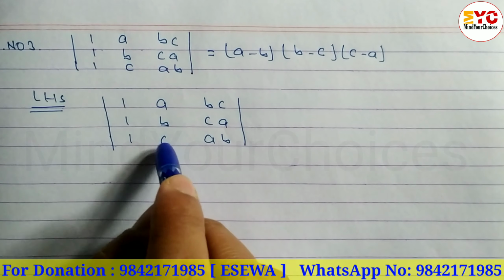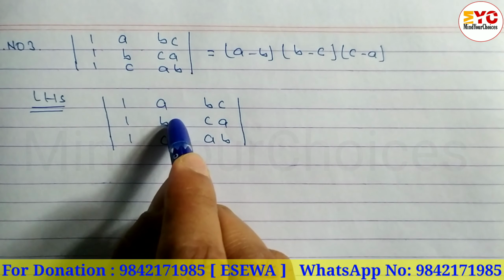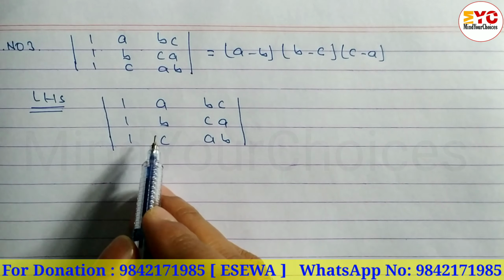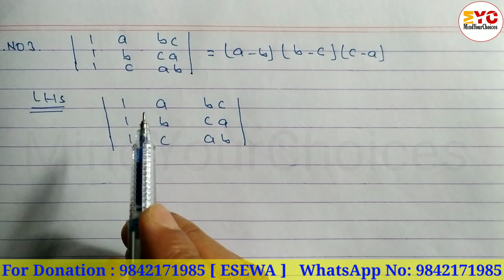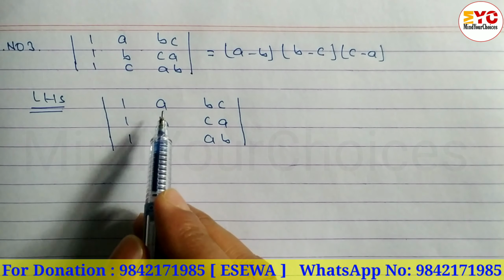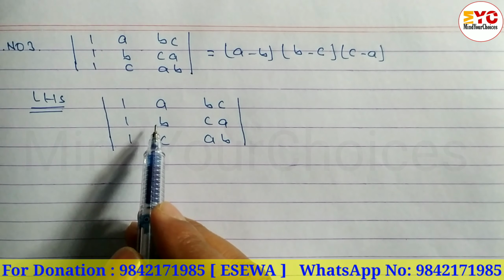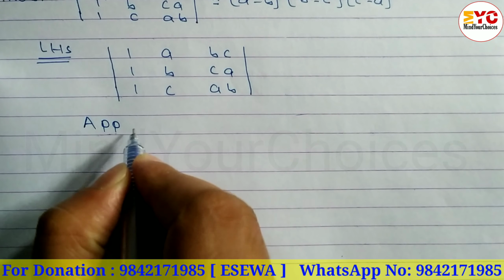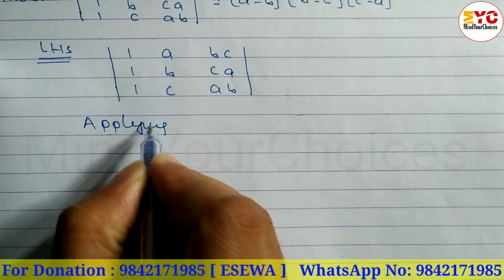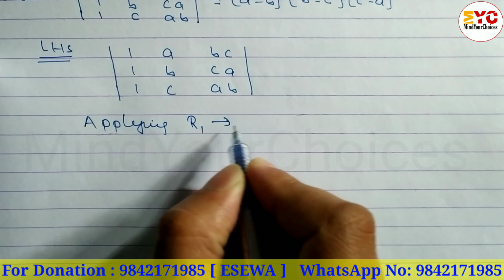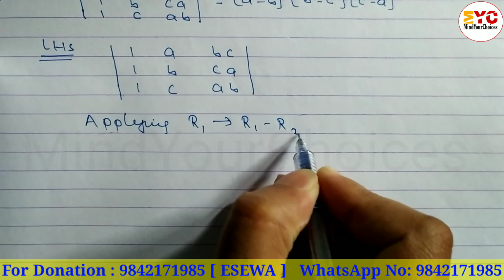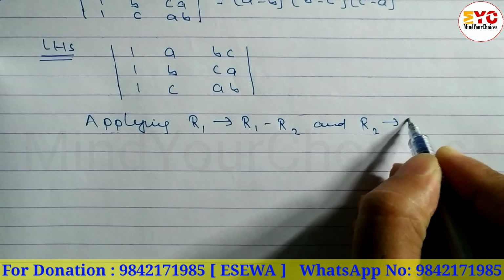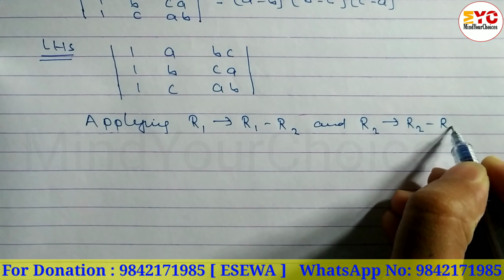When you subtract the second row and third row, we will get B minus C. So what we have to do here is apply R1 tends to R1 minus R2 and R2 tends to R2 minus R3. So here we have to write, applying R1 tends to R1 minus R2 and R2 tends to R2 minus R3.